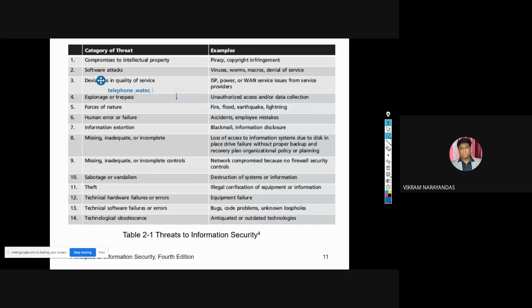Another one is power irregularities. What is this power irregularities? It may be threat of irregularities from the power utilities.